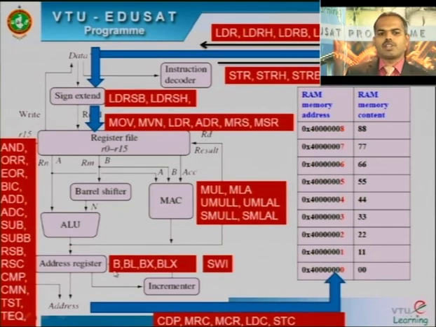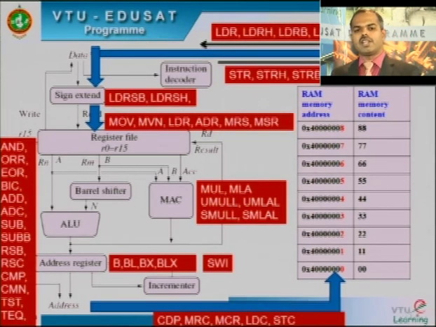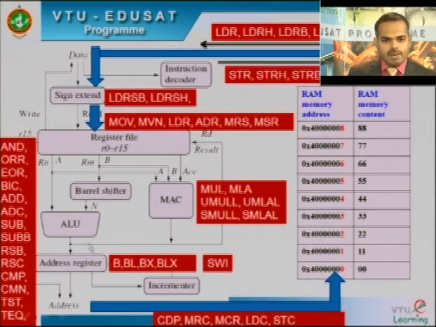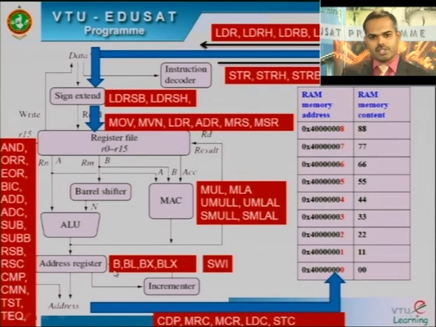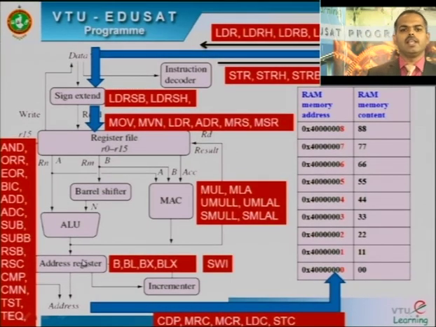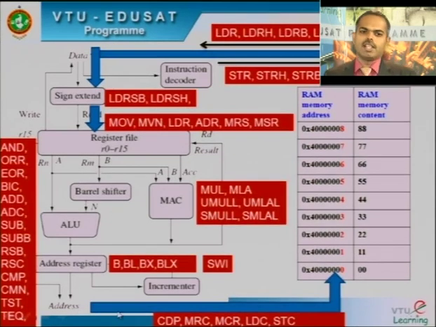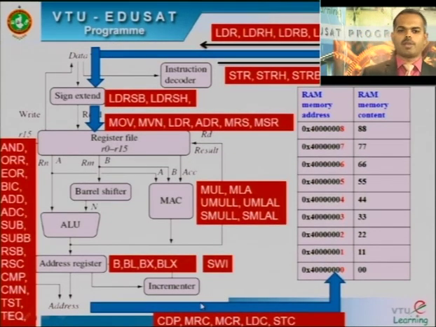Next, we will see the instructions which help us to do the branch, or discontinue the sequential flow of the program. Those are the branch instructions. Whenever a branch instruction needs to be executed, the PC value cannot be just PC plus 1 or PC plus 4, so it has to be updated with the help of the ALU. Finally, the branch instruction will update the address register, which will access the next executable instruction from the ROM location.